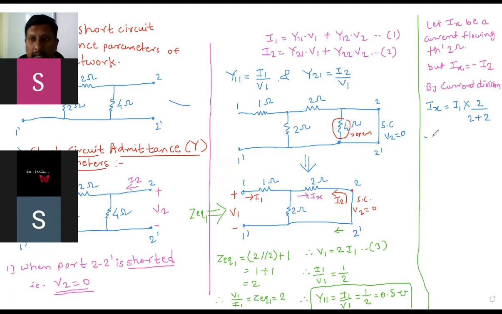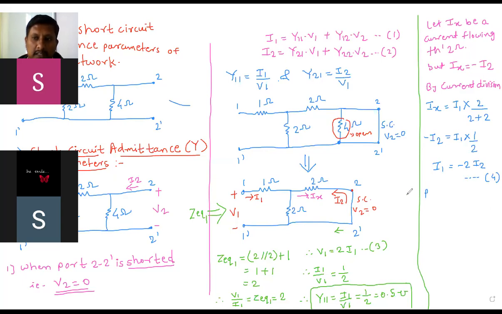Ix is nothing but minus I2. You can write minus I2 is equal to I1 into 2 divided by 4, that means 1 by 2. So minus I2 is equal to I1 into 1 by 2. But what you want here is to replace I1, so I1 is equal to minus 2 into I2. So this is equation number 4.